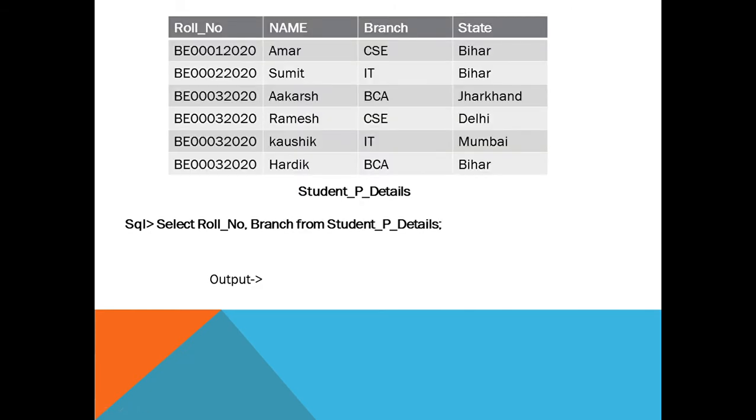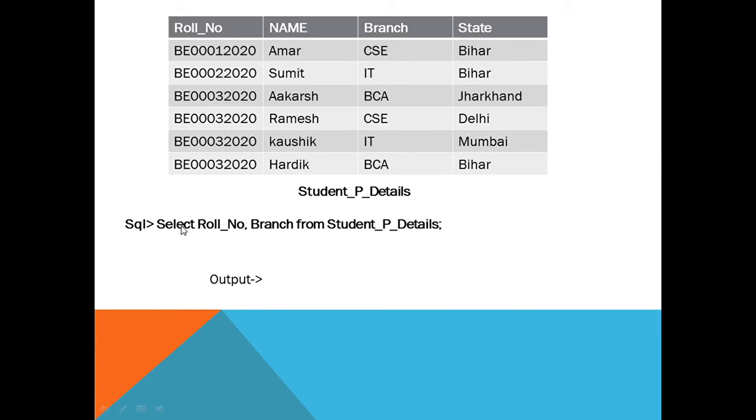For example, this is my table student P details. The columns are roll number, name, branch and state. Now suppose I write a query: select roll number, comma, branch from student P detail. Here roll number and branch are columns and student P detail is my table.